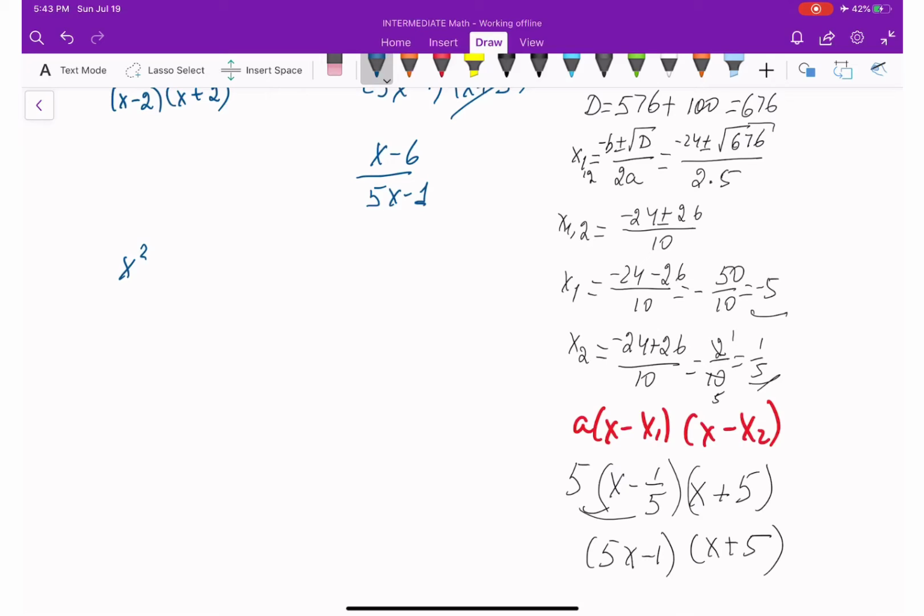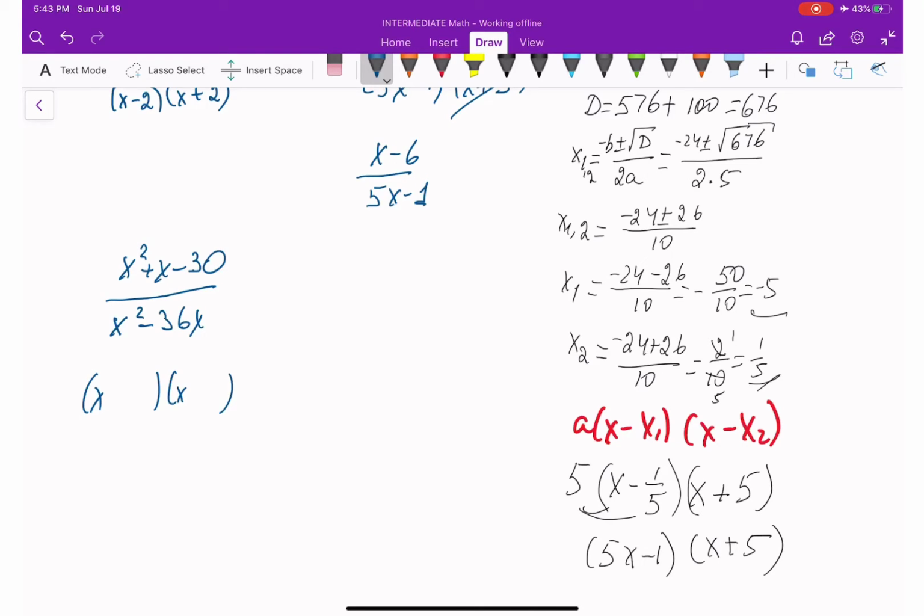x squared plus x minus 30 over x squared minus 36x. So what can I do here? Again, I have a trinomial, a quadratic expression. Let's see if we can break it down. Here is x, here is x.